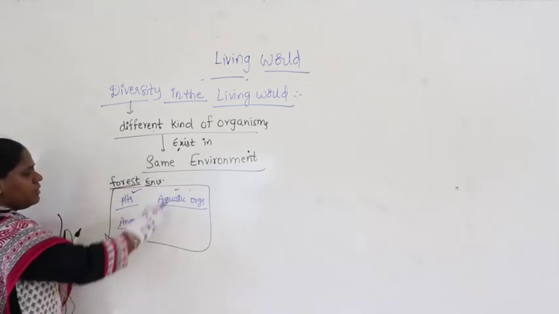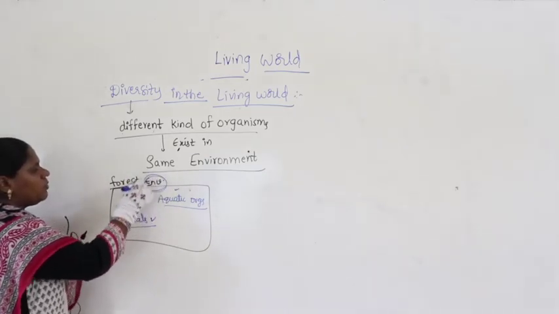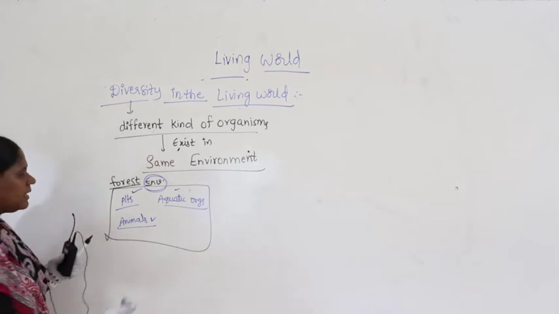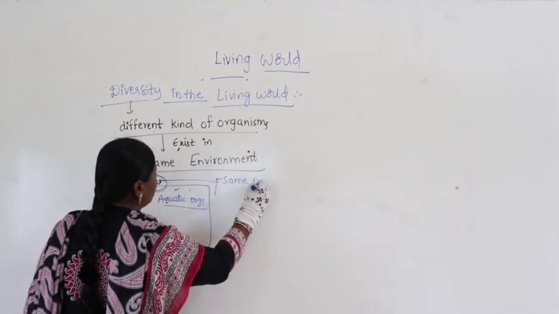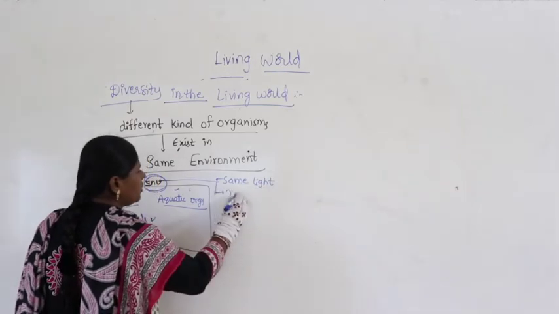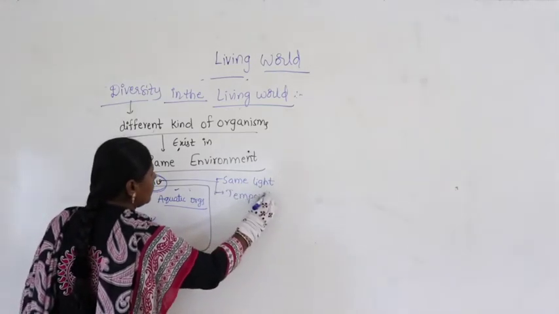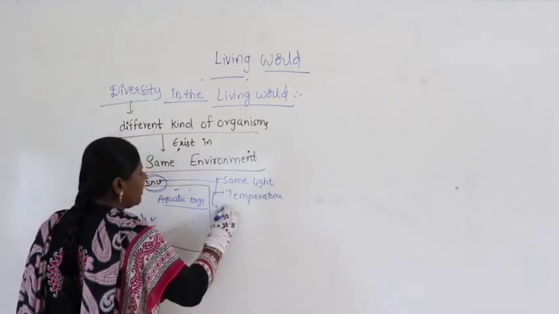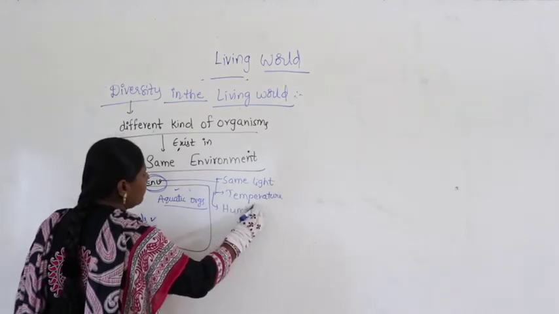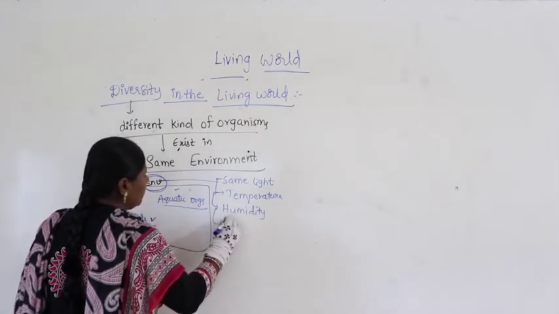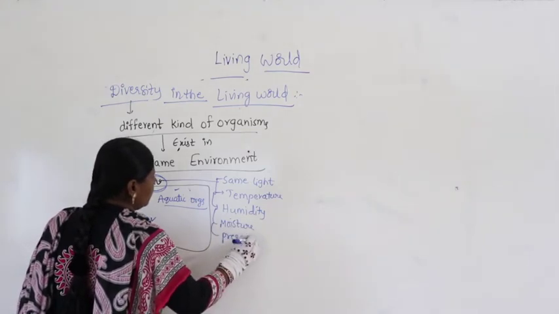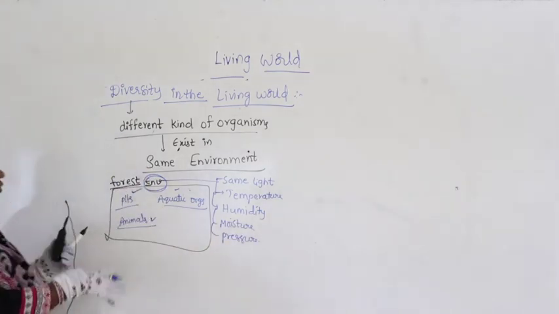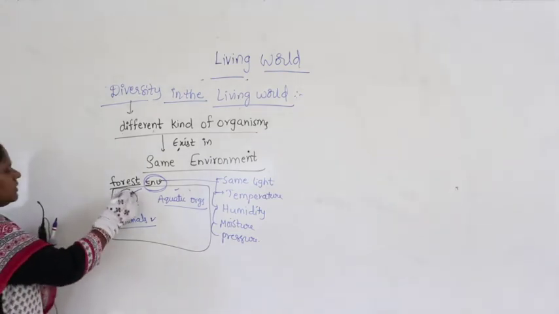But if you look at all these organisms, the environment is the same. Environment is the same means they have the same light and the same temperature, and they have the same climatic conditions like humidity and moisture, right. Along with that they experience the same pressure, right. So, everything is the same. But these are different types of organisms.